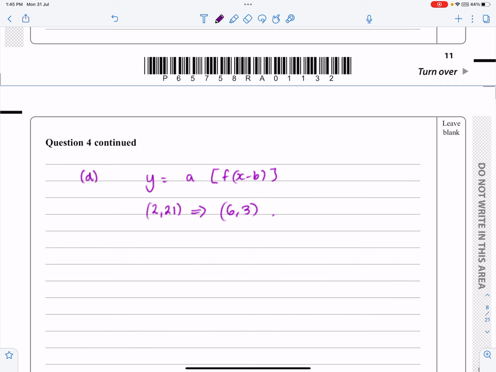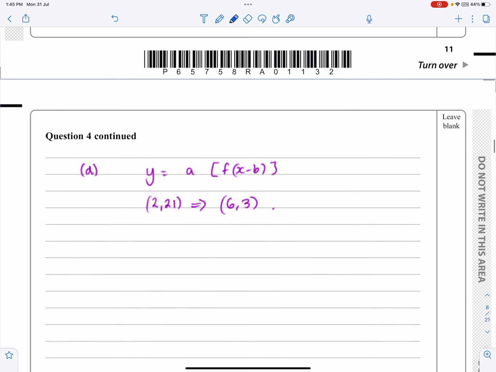Okay, so what we're really saying is, what does this do to a graph? Well, let's split it up into the two parts. First of all, what does f(x minus b) do to a graph? f(x minus b), this is a fairly standard transformation. f(x minus b) is going to be a shift b units to the right.